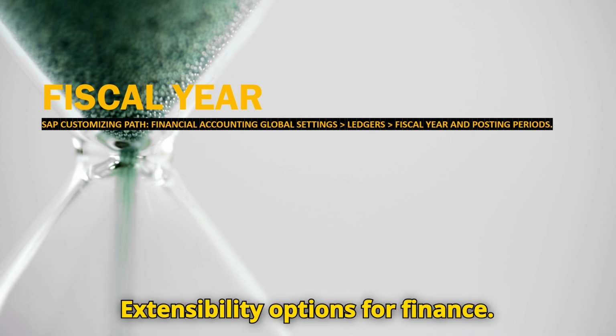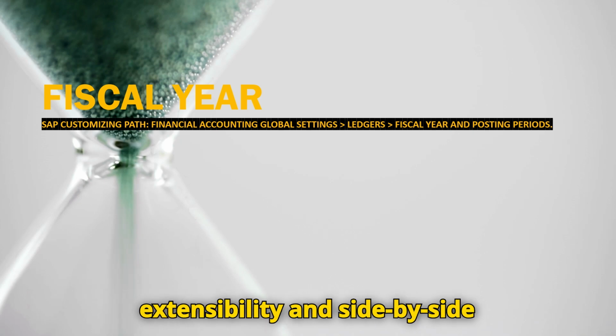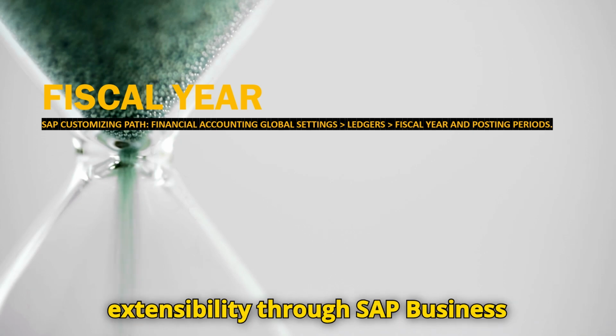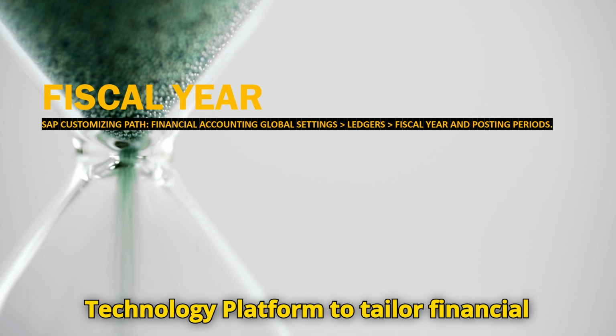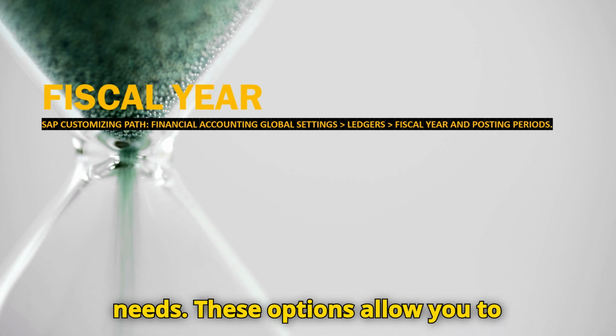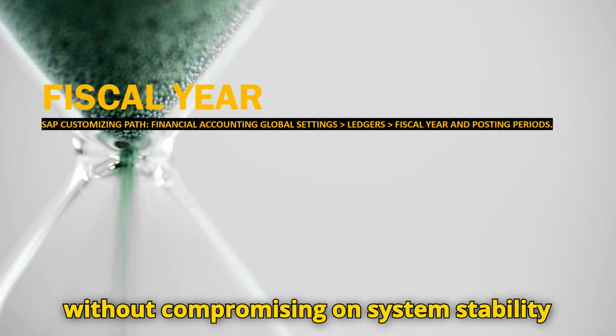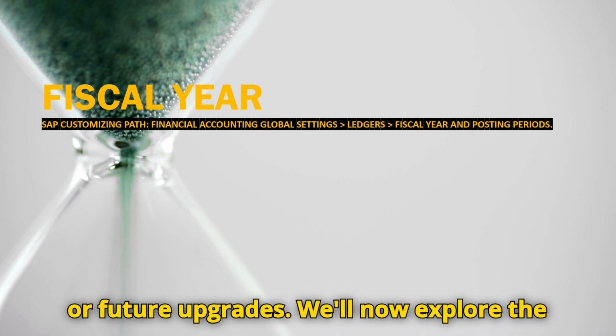Extensibility options for finance. SAP provides tools like in-app extensibility and side-by-side extensibility through SAP Business Technology Platform to tailor financial processes to your organization's unique needs. These options allow you to customize your financial operations without compromising on system stability or future upgrades.